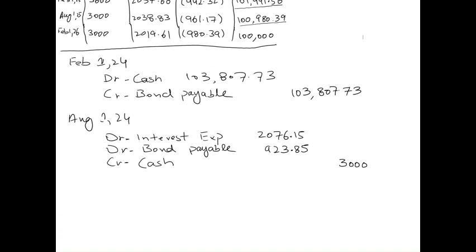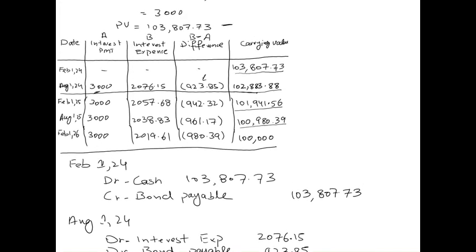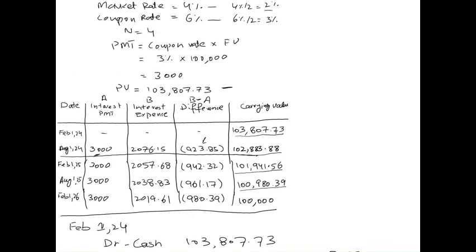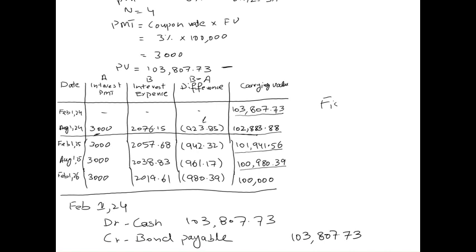Another type of entry that you may be asked to do is, let's say this company's fiscal year end. So for this company, fiscal year end is December 31st.